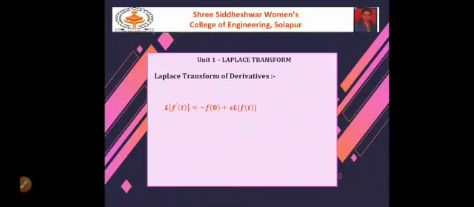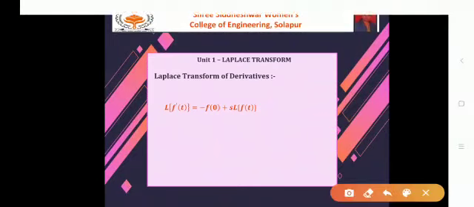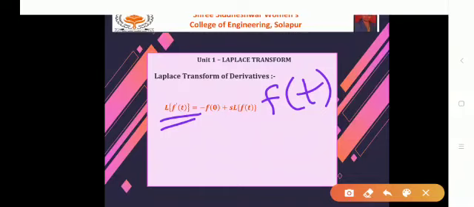If f of t is a function and we are asked to find the Laplace transform of its derivative, that is f dash of t, then the formula is L of f dash of t equal to minus f of 0 plus s into Laplace transform of the original function f of t. So you are given one function of t.